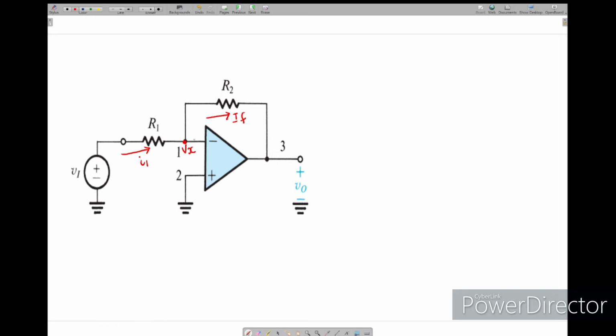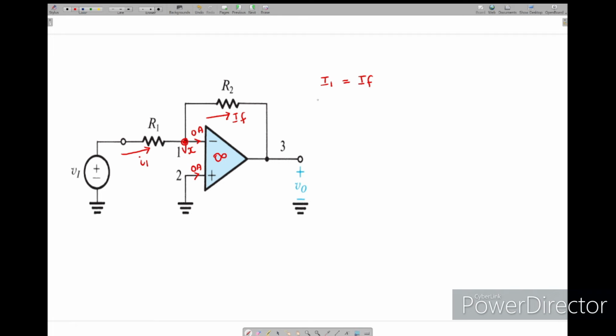We assumed an ideal op amp. The current entering into the op amp is always 0 amps because the internal input impedance of the op amp is very high, so the current entering into the terminals is always 0. So I1 is equal to IF at this node.